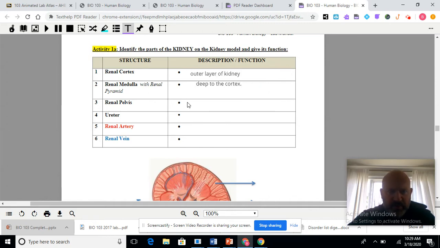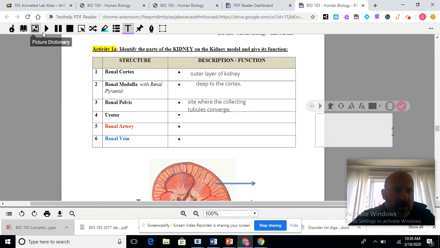The renal pelvis is the site where the collecting tubules converge. And then, of course, the ureter, we already did that one. We don't have to do that one again. Renal artery, we did that one too. And renal vein.